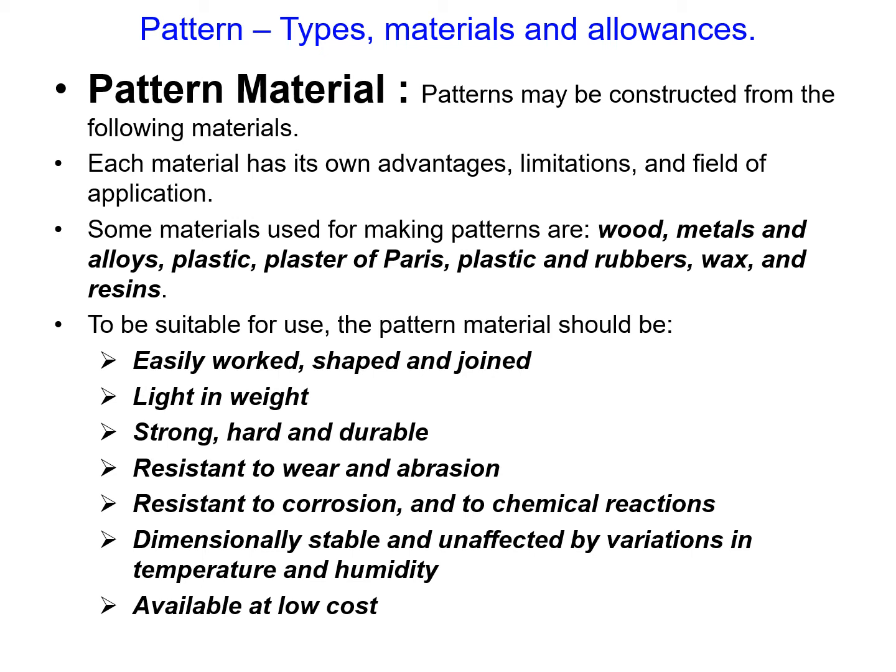To be suitable for use, pattern materials should be easily worked, shaped, and joined, light in weight, strong and hard and durable, resistant to wear and abrasion, resistant to corrosion and to chemical reactions, dimensionally stable, unaffected by variation in temperature and humidity, and available at low cost.